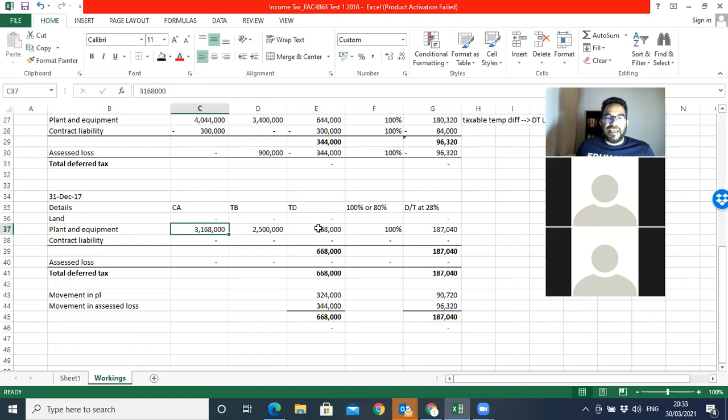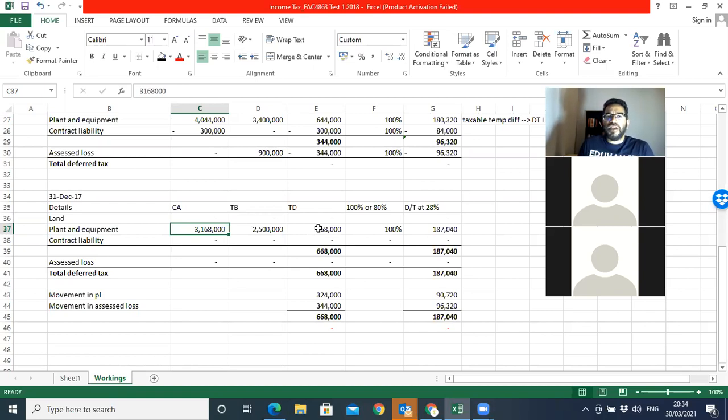The 3168 tells us what we're going to depreciate in future. So from an accounting perspective, we want to send through the income statement 3.1 million rand. If we start off with a base point, let's say 10 million, for example, the profit on both sides, accounting and SARS, is 10 million rand. The only difference for this example is plant and equipment.